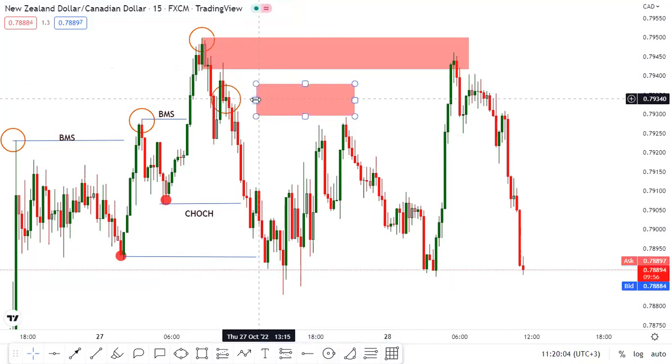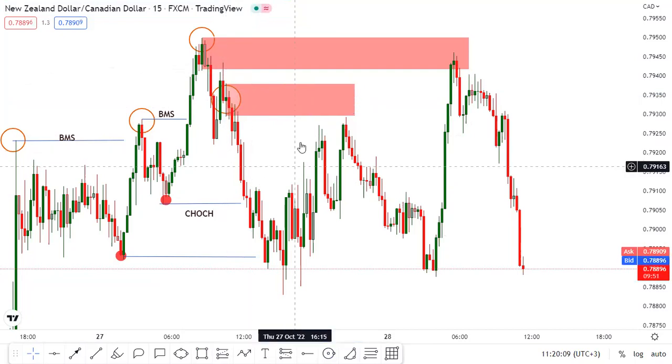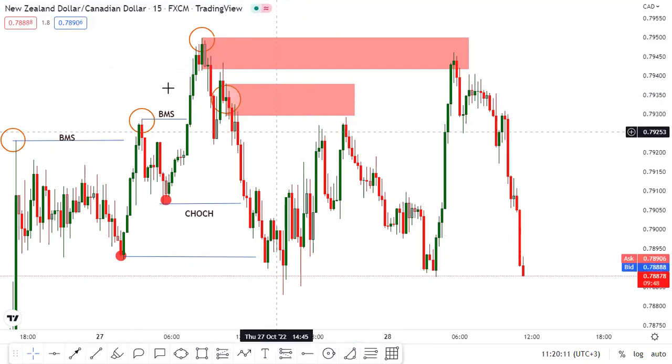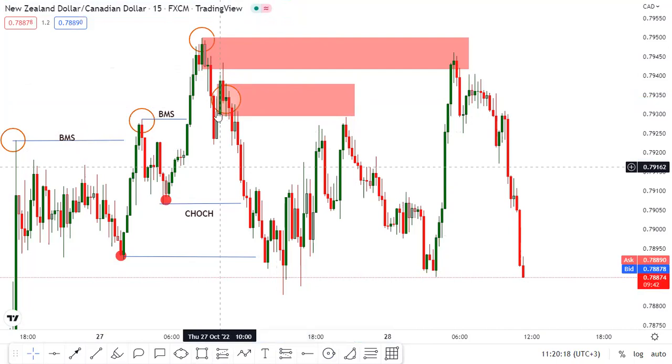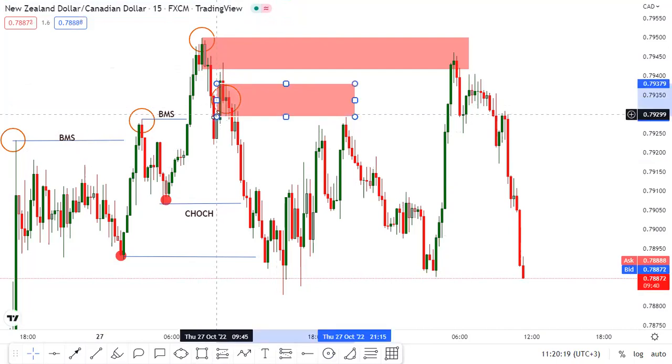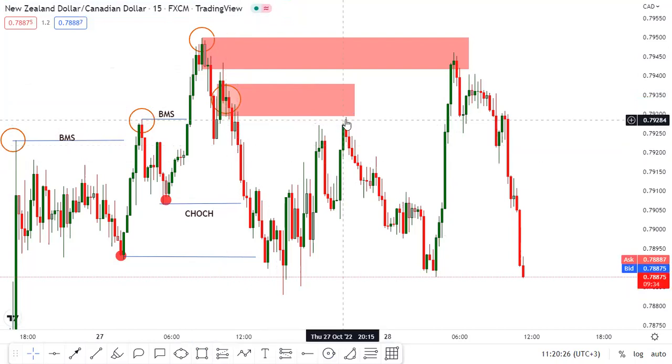That's an indecision candle that we can also use as our order block. And you can see price did what? Price touched it. Let me try to shorten it. Well, no, I see price failed to touch it. You see, price failed by a very, very small few pips right here.